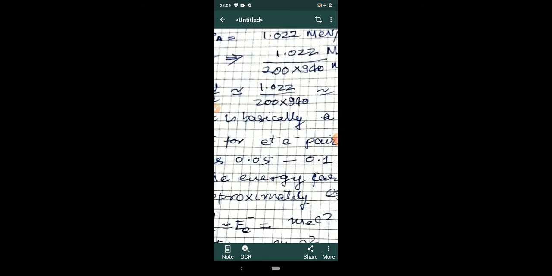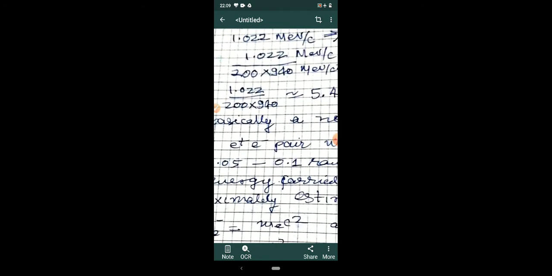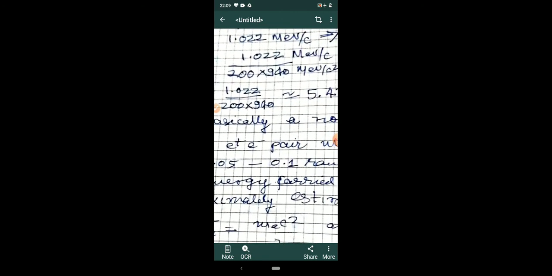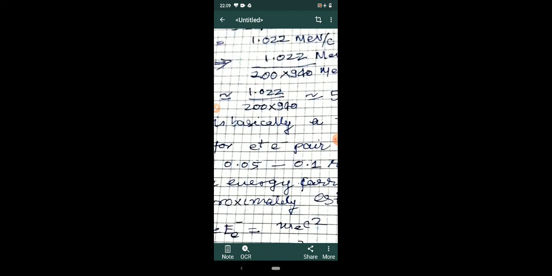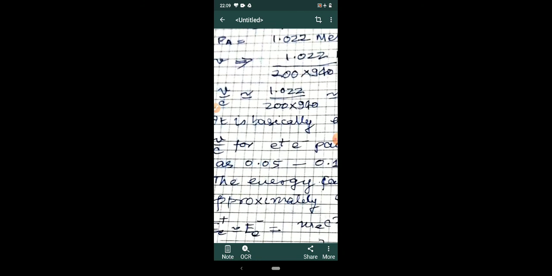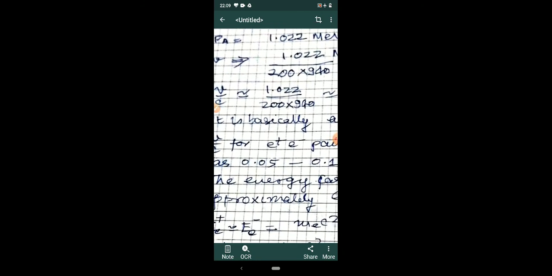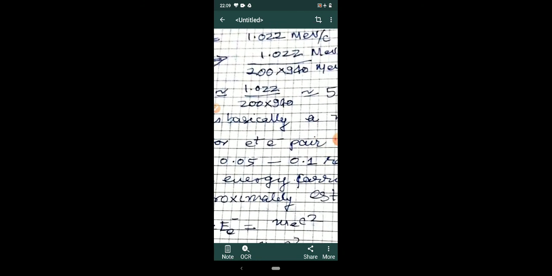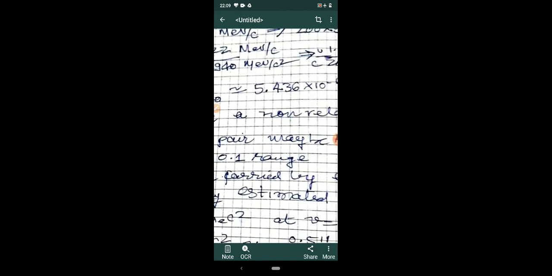Again, there are two other actors in this phenomenon, a pair of electron and positron. So let us take the typical value of v/c for them in the 0.05 to 0.1 range.